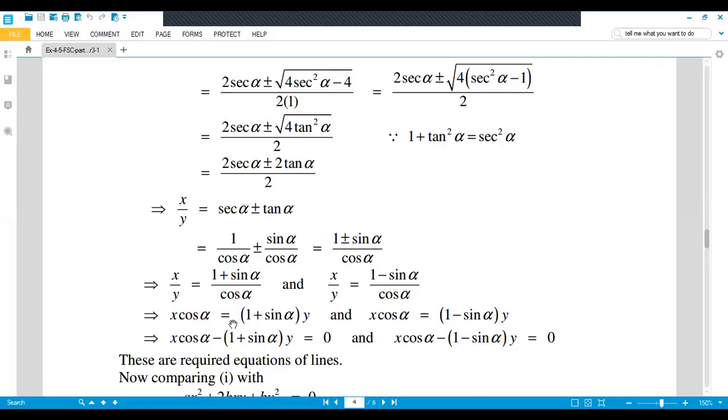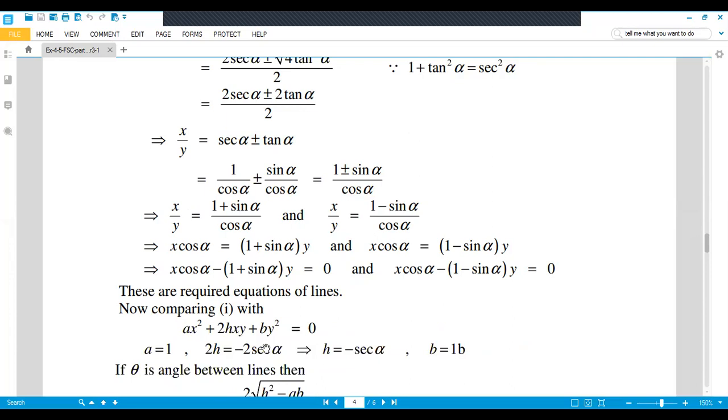So the two equations of lines we will get are x cos alpha minus (1 plus sine alpha) into y, and the second is x cos alpha minus (1 minus sine alpha) into y equal to 0. So these are the required equations.